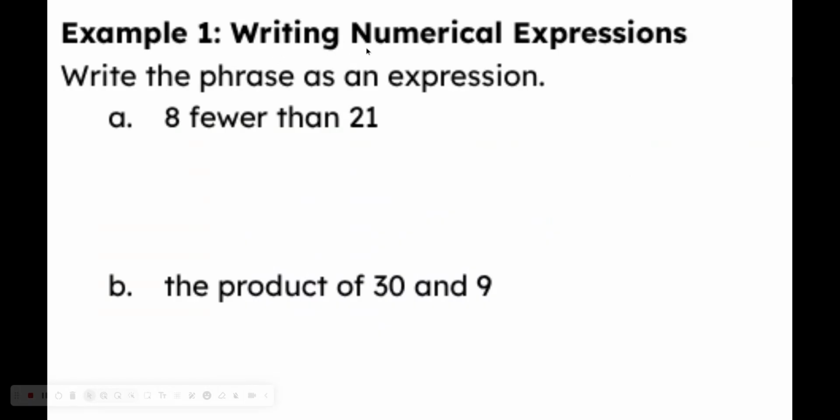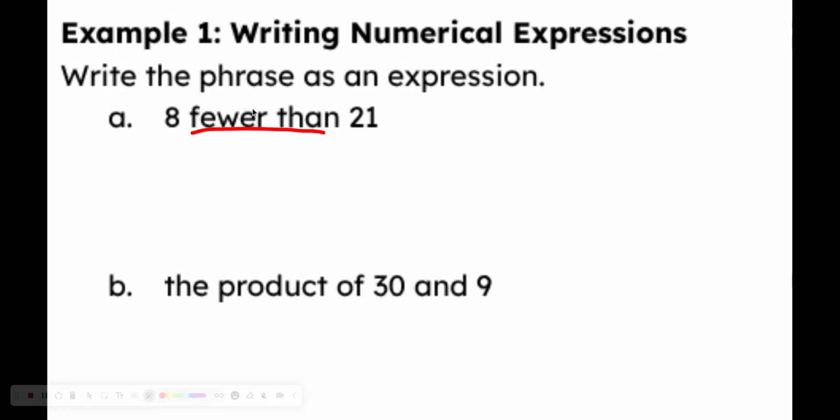So, for example, I'm going to write a numerical expression. I'm going to write the phrase 8 fewer than 21 as an expression. Now, whenever I have more than, less than, fewer than, I'm actually writing this number second.